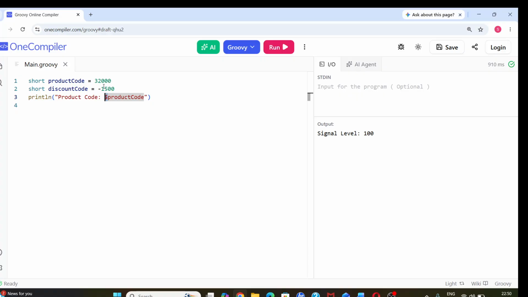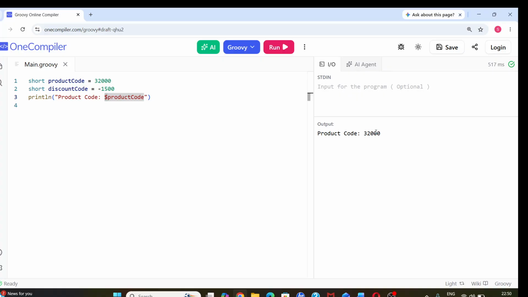Since productCode is 32,000, when the program runs, the output shown in the console is product code is 32,000.